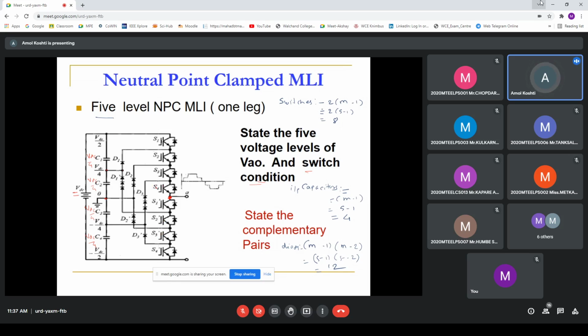Then again the intermediate point of C3 and C4 is connected here, and diode D3 is indicated here with the 3 diodes, and D3 dash will be here. After S3 it is connected, and after S3 dash it will be connected.